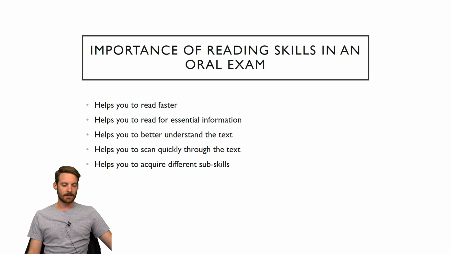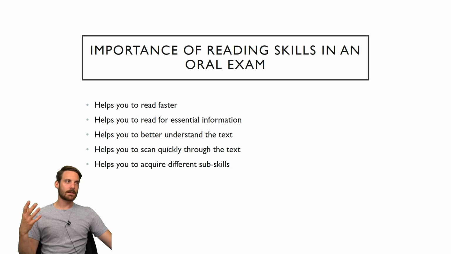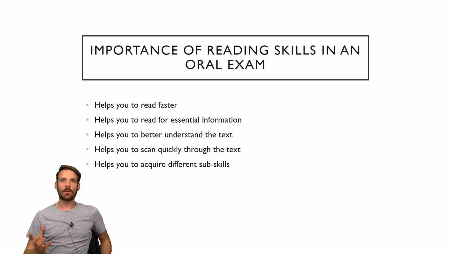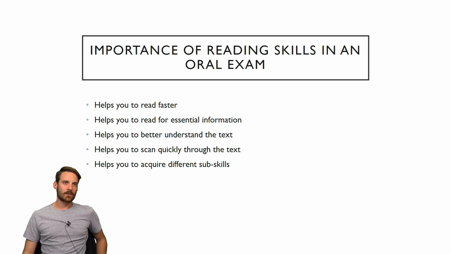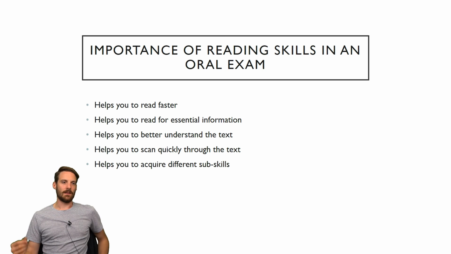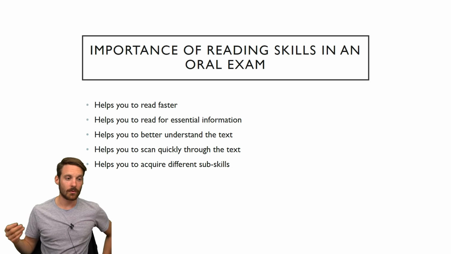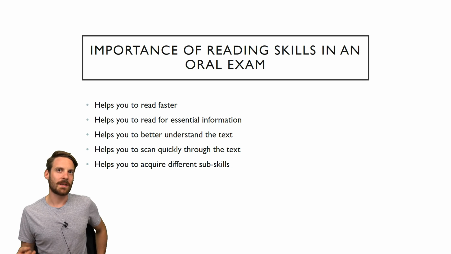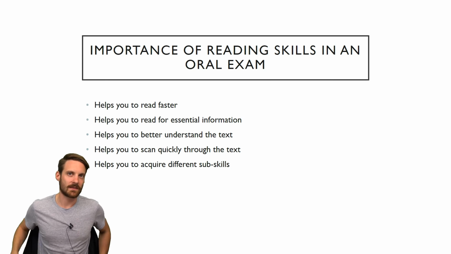Then the second aspect is it helps you to read for essential information. You all know with the article in the oral exam, it's important to not only mention facts and numbers and dates and names, but it's also important that you know the essential information, the gist of the article.